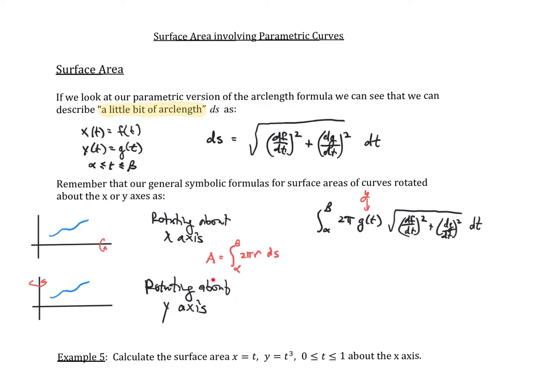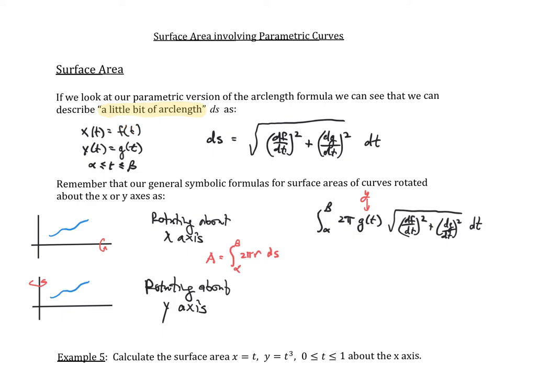Our other case was rotating about the y-axis. So when you rotate about the y-axis like this, your circle is going to come over here, and then your radius is actually going to be the x value. And we know that our x value is given by f of t.